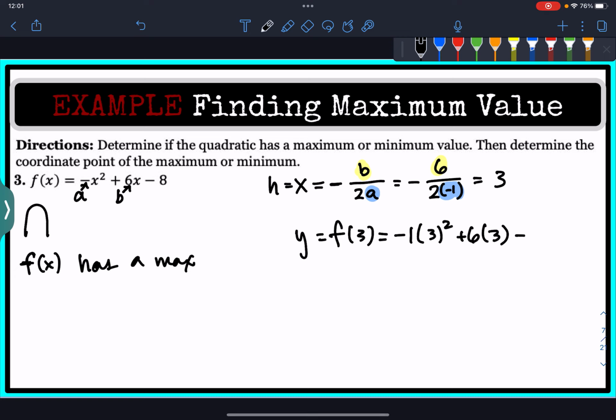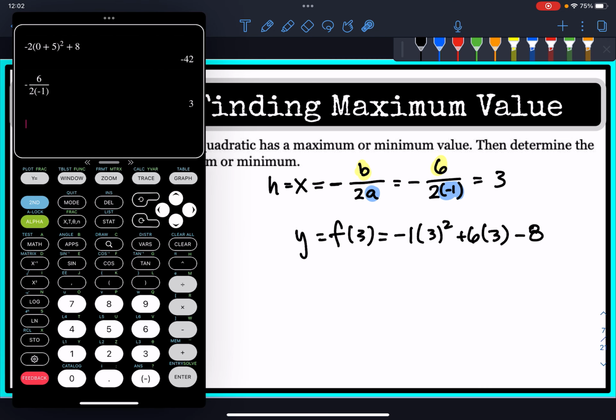All I'm doing again is replacing these x variables with my value of 3. With our handy dandy calculator, we can figure out what this equals. We have -1 times 3 with the square on the outside, plus 6 times 3 minus 8. That equals 1. So f of 3 is equal to 1, and that is our vertex.